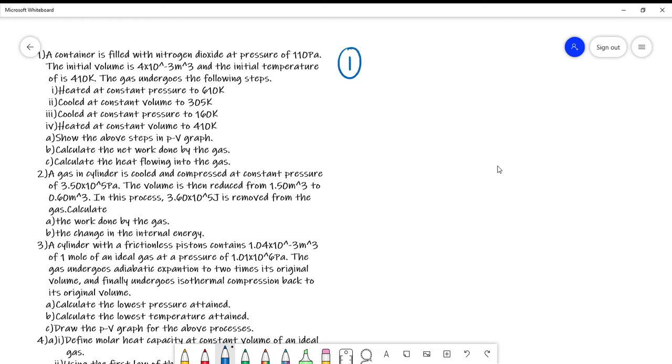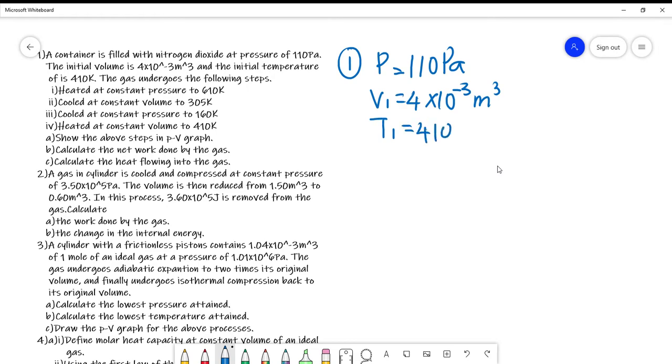A container is filled with nitrogen dioxide at a pressure of 110 Pascal. The initial volume is 4 times 10 to the power of negative 3 meter cube, and the initial temperature is 410 Kelvin. The gas undergoes the following steps.